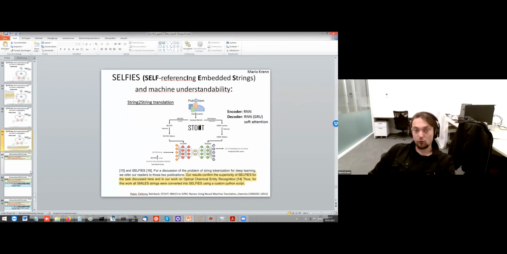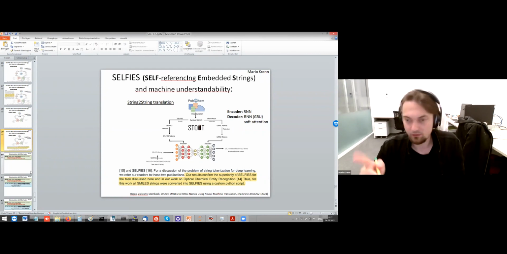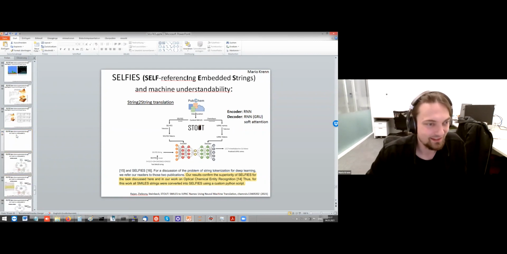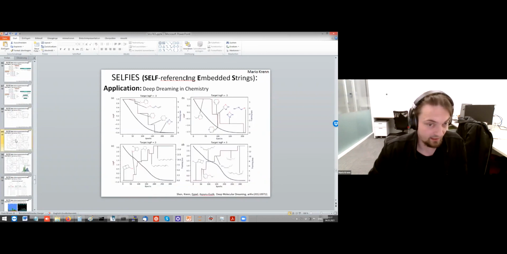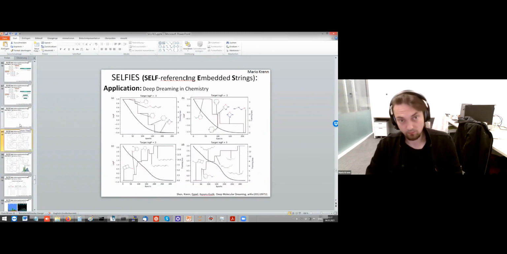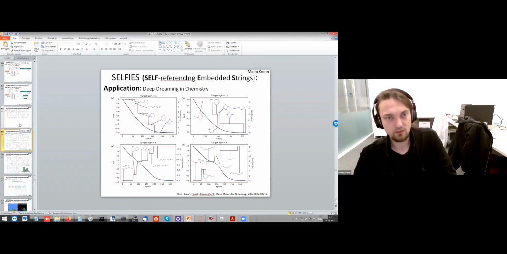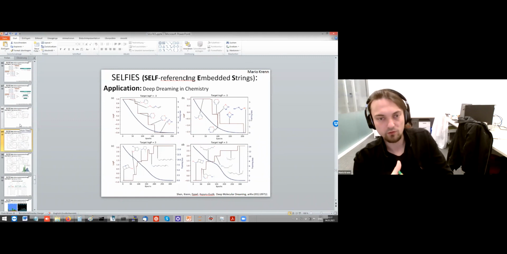That it is able to create a lot of different ones. Still, can I mention something that you said 5 minutes ago? You said your models were not able to learn any structure property relations. This is slightly connected. Here, when we use this deep dreaming way of creating a molecule, it is kind of obvious that this model can learn some structure property relation.